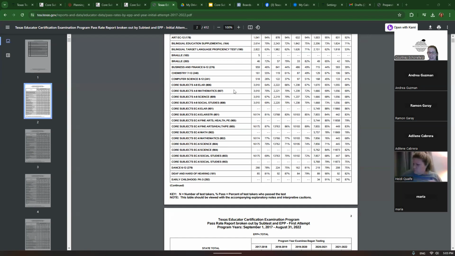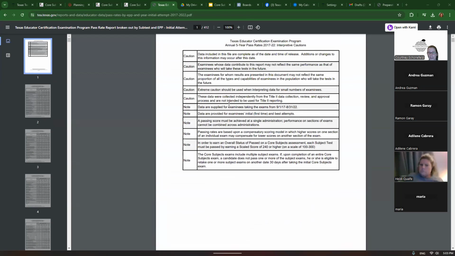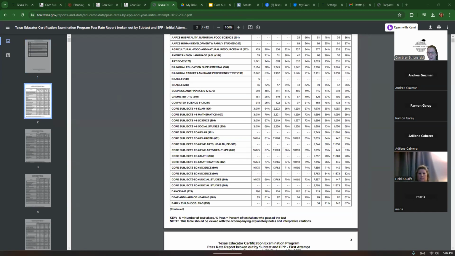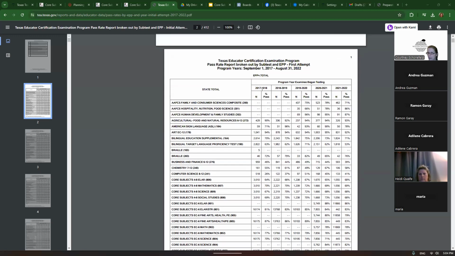Absolutely. So I want to show you, this is the data from the state, the TEA website that you can pull up, and it's the passing rate for the different tests, right? So we can look at core subjects, and they also have the old versions of the core subjects from years ago because this data goes back to 2017. But if we look at the most recent year, 2021 to 2022, and we look at math, the 902 is the new test, 78% passing rate.